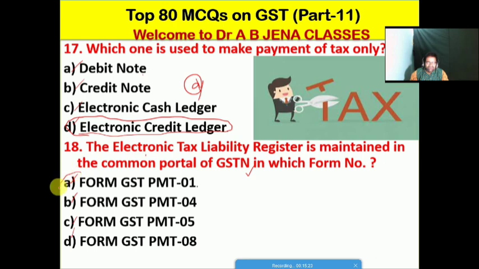So friends, so A is the right option for this MCQ. The electronic tax liability register is maintained in the common portal of GST in the form number 1, मतलब form GST PMT 1. So A is the right option for this MCQ.